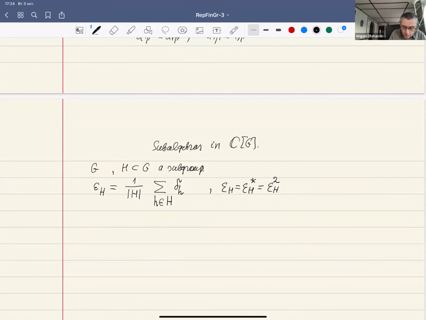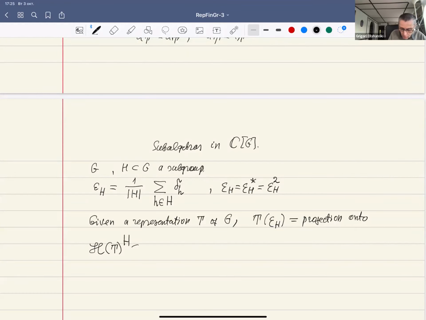Given a representation T of G, the image of this specific element is exactly the orthogonal projection onto the subspace of H-invariant vectors.